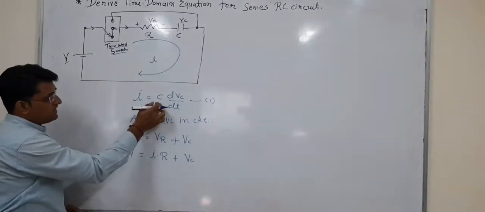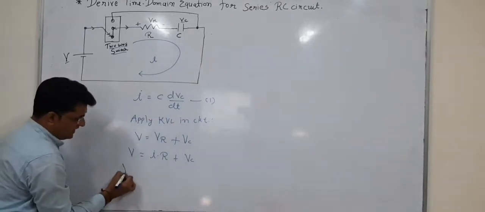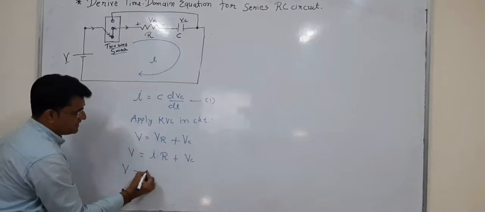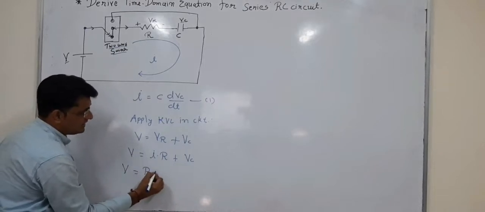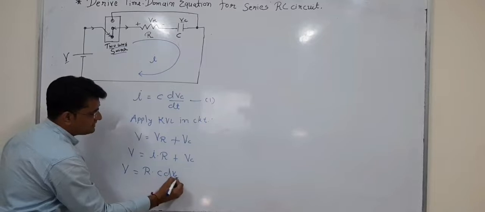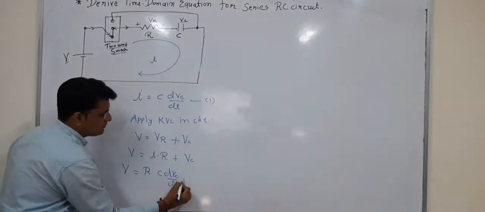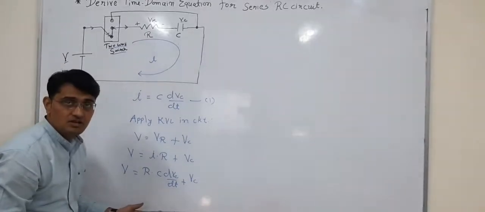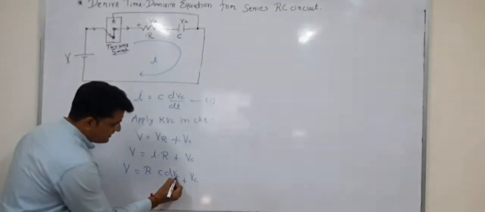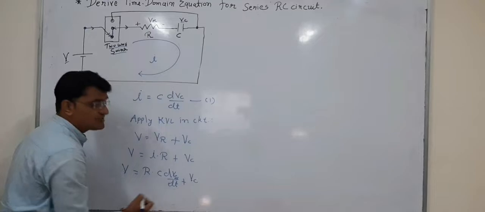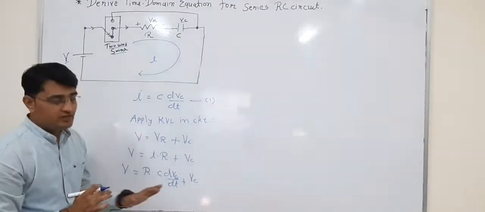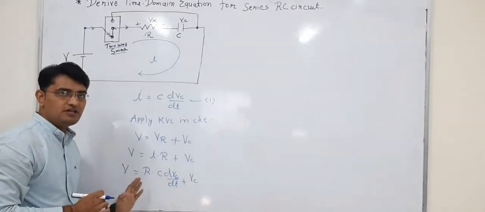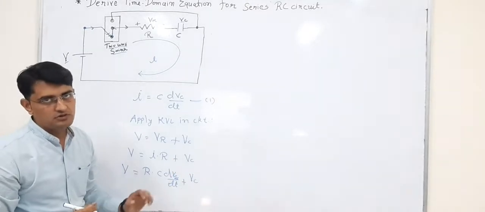If we put the value of I in this equation, then our voltage equation will be V equals R into C dVc by dt plus VC. In this equation, we are particularly interested in VC, the capacitor voltage. So we'll keep the voltage terms on one side and the rest on the other side.